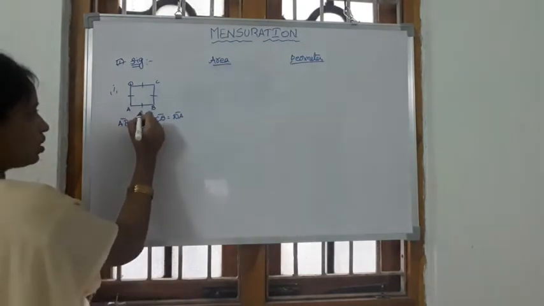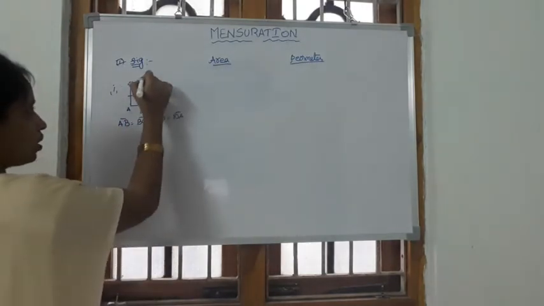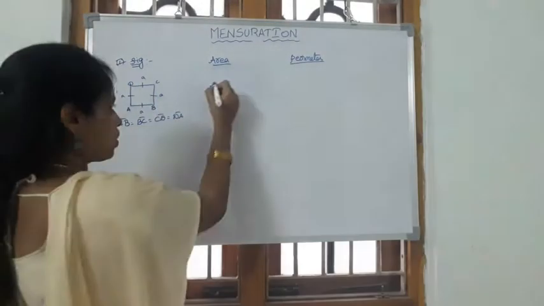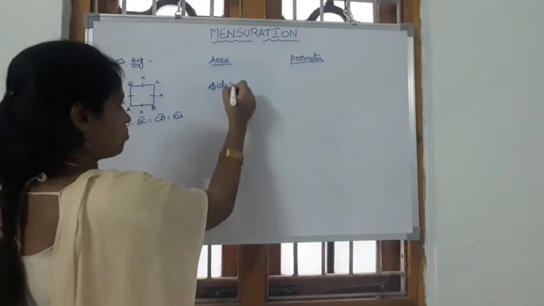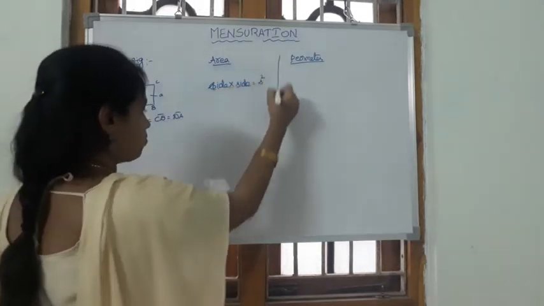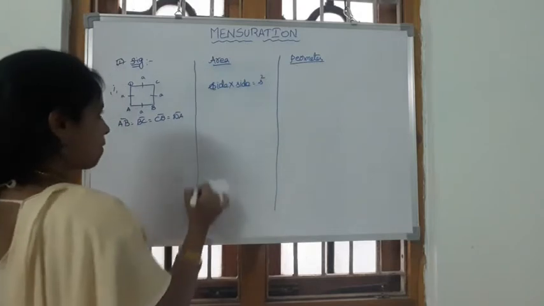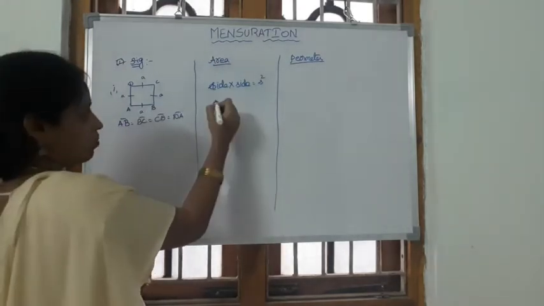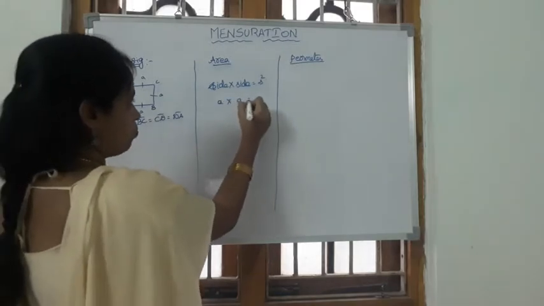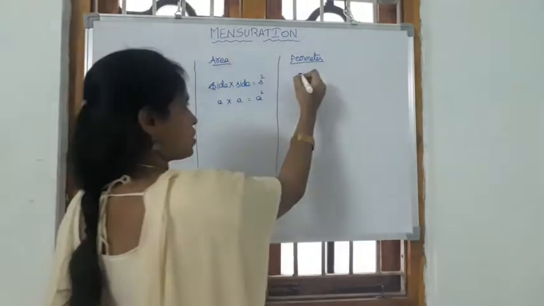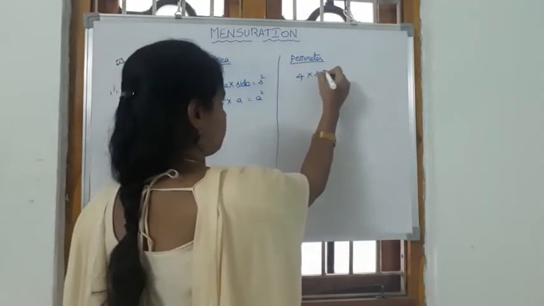If the side is A units, the area of a square formula is side into side. Simply we say it as side square. Here A units we take, A into A is equal to A square. Perimeter. Perimeter formula is 4 into side.